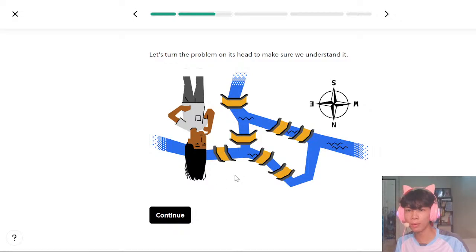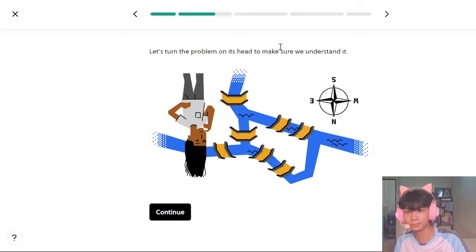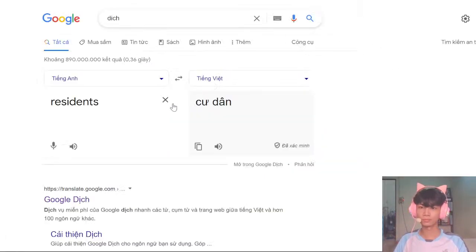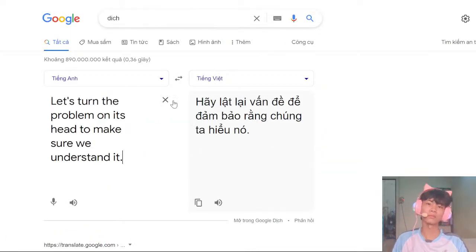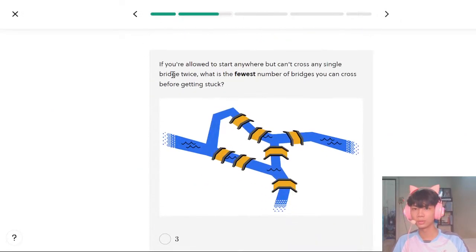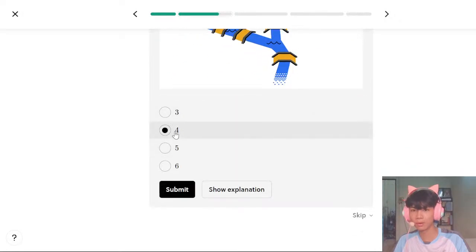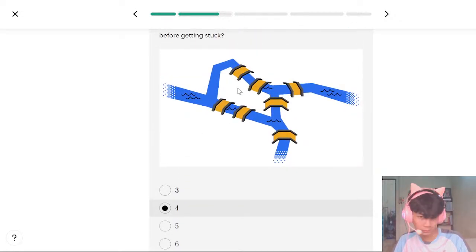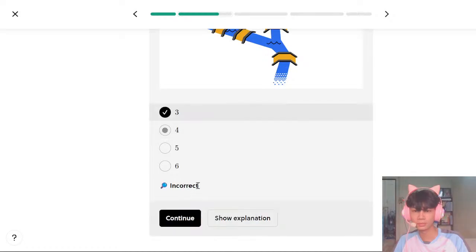Let's turn the problem on its head to make sure we understand it. If you're allowed to start anywhere but can't cross any single bridge twice, what is the fewest number of bridges you can cross before getting stuck? 4? 3.